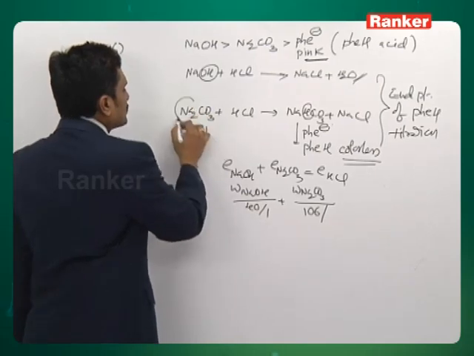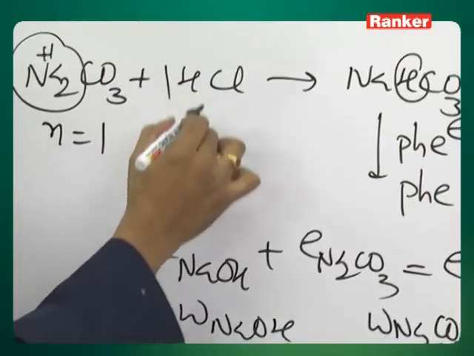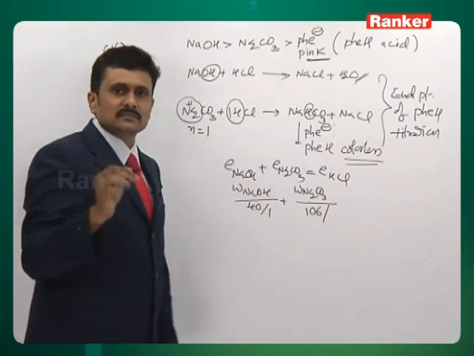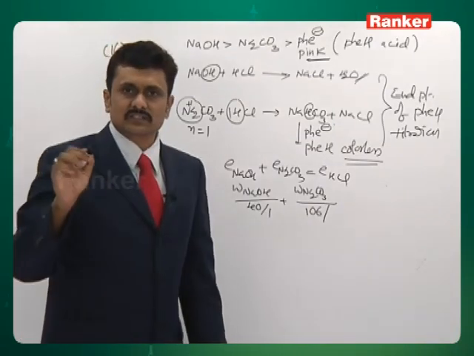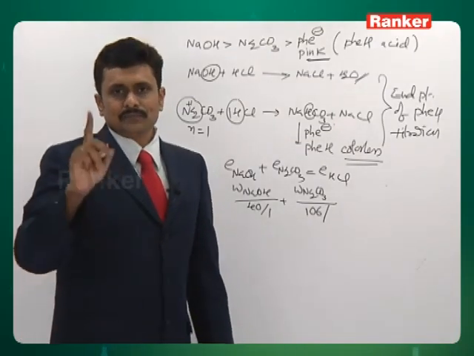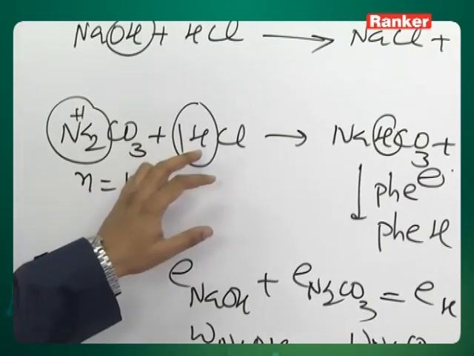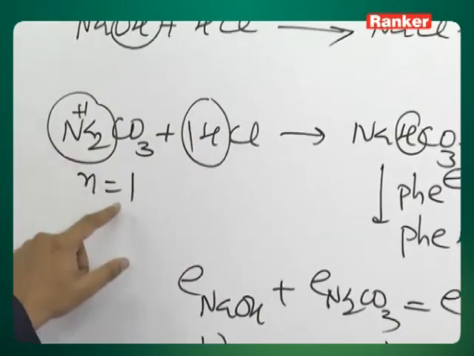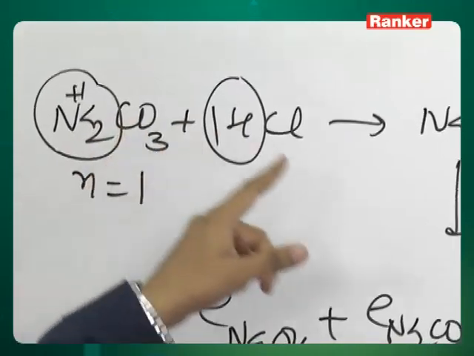Don't take it as 2 because the total charge is 2. Here only one H plus has been taken by sodium carbonate. We have to take the N factor of this sodium carbonate as 1. If 2 H plus are taken by this base, then we will take the N factor as 2. But only a partial neutralization is taking place.